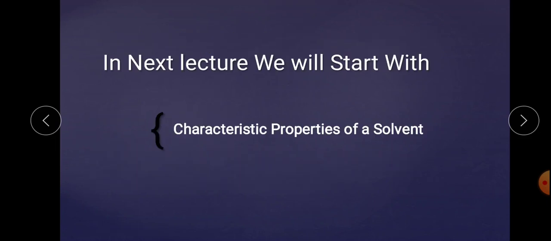So in this lecture we are dealing with protic and aprotic solvents. Protic solvent means which gives H positive, that is known as the protic solvent. The solvent which does not give H positive is known as the aprotic solvent. Second, on the basis of nature, acidic, basic and amphiprotic solvents can be considered.